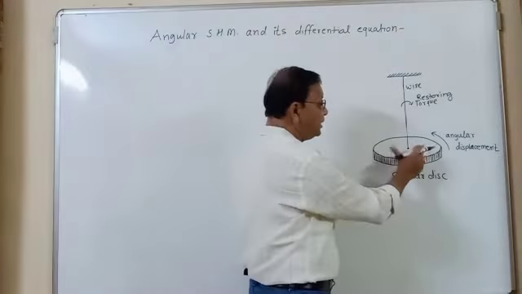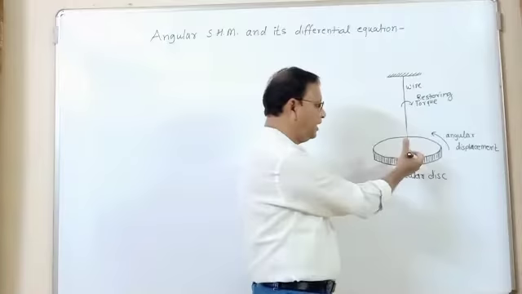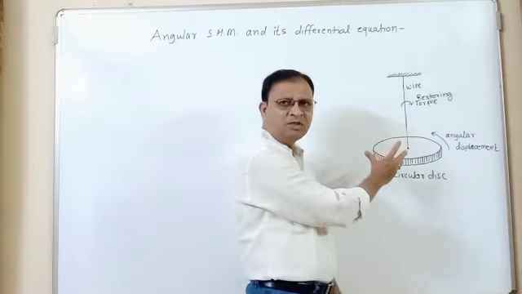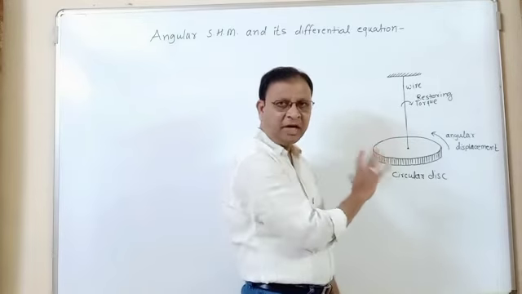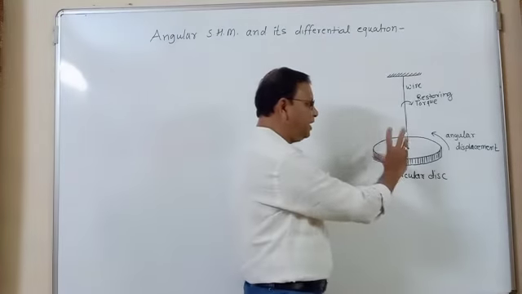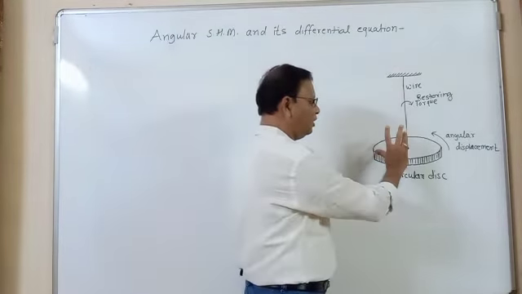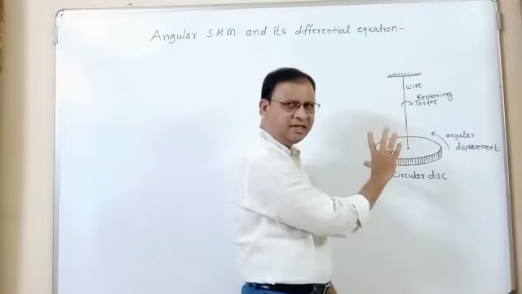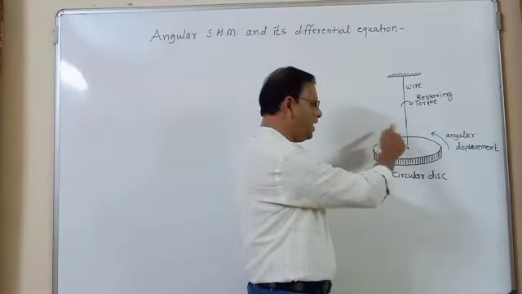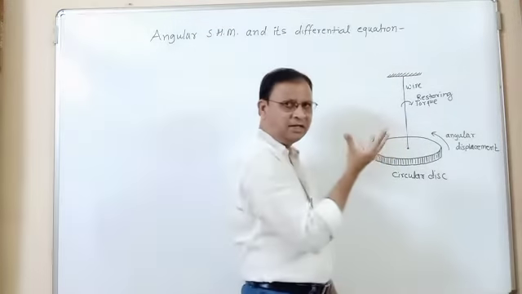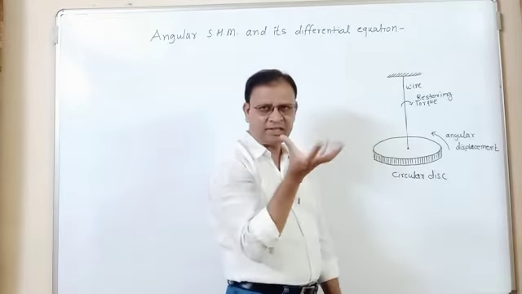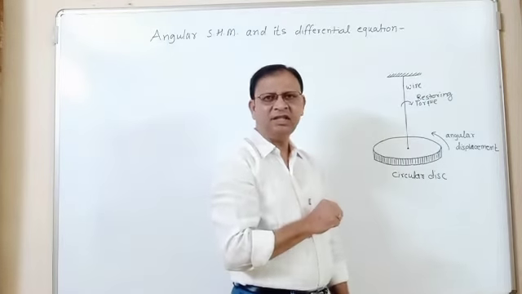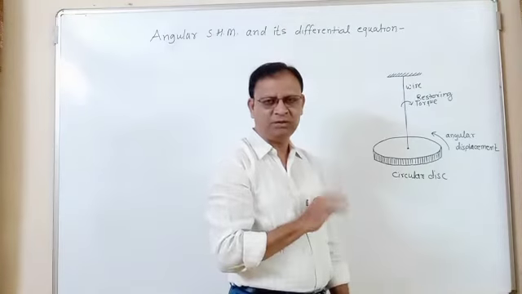If we rotate this disc and release, then this disc performs rotational motion partly on the right side, partly on the left side, or we can say partly clockwise and partly anti-clockwise. That means this disc oscillates. This motion of the disc is called oscillatory motion.